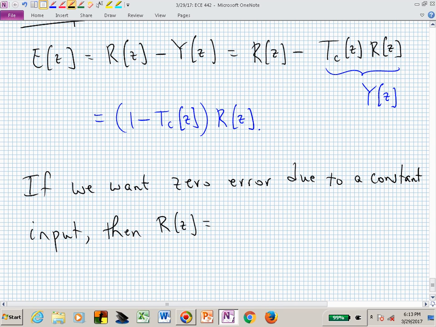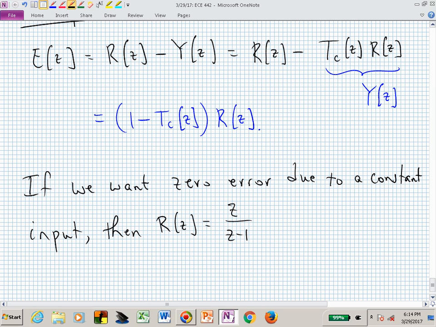What's the Z transform of a unit step? Remember? Is it that? So now if we apply a unit step, we want to know what's the error signal, or what's that impose on T sub C of Z.